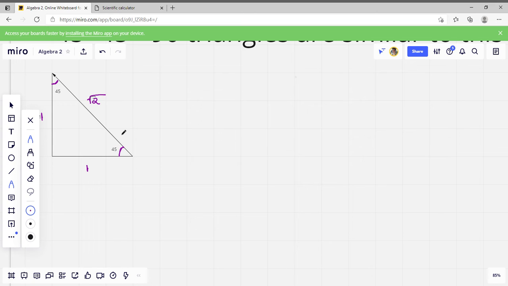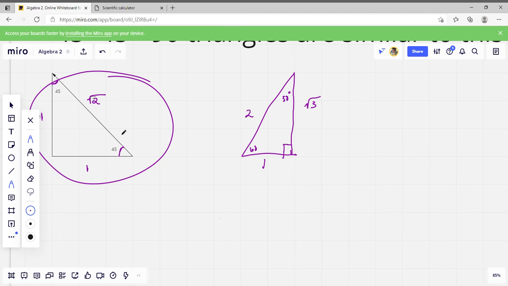Now remember, the other ones we've done before were right triangles with 60 and 30, and they were 1, 2, square root of 3. These are 1, 1, square root of 2.